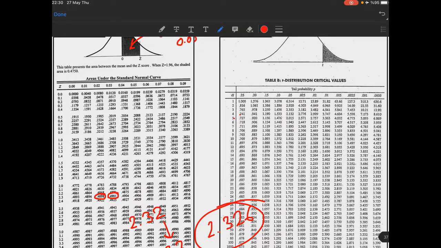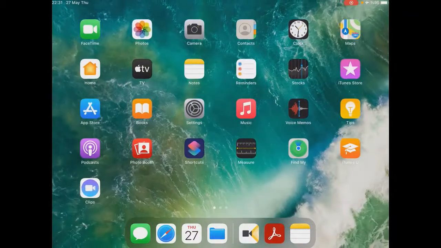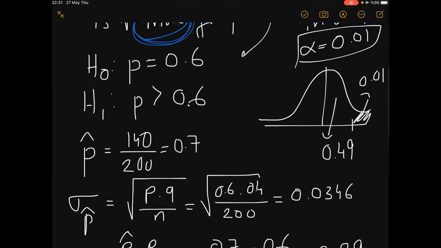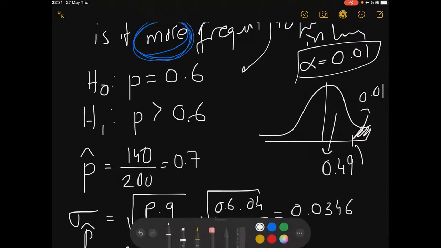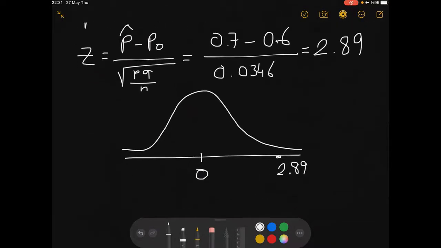Okay, 2.326, and let's take it right here. So that value is 2.326, and where is it located? Right here. Look at this. This is your rejection region, and you are in the rejection region.